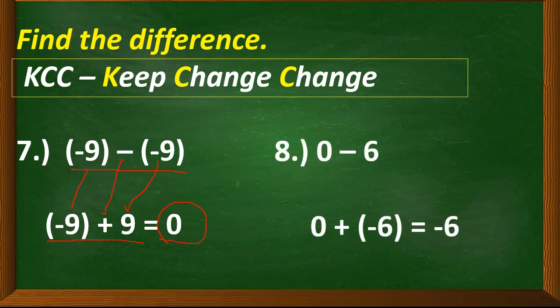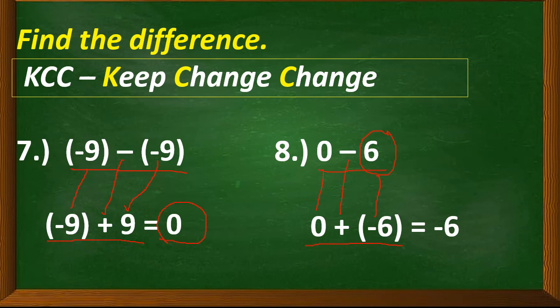Last example, 0 minus 6. Remember the rule? Copy the first integer. Next, change the operation to addition. Positive 6, change to negative 6. In here, we have to apply the rule in addition of integers.